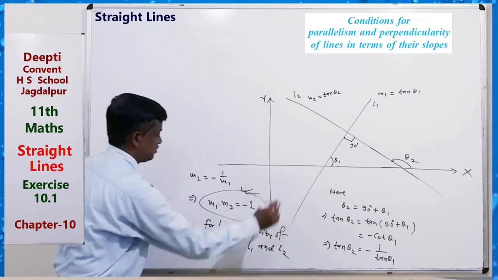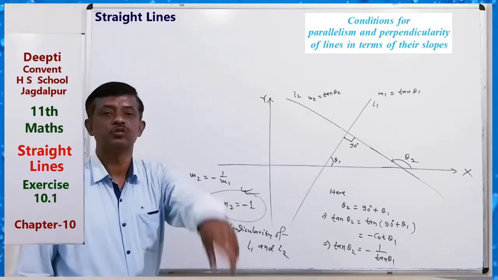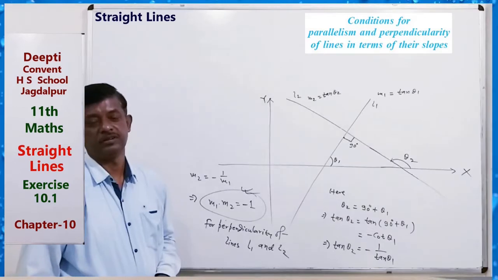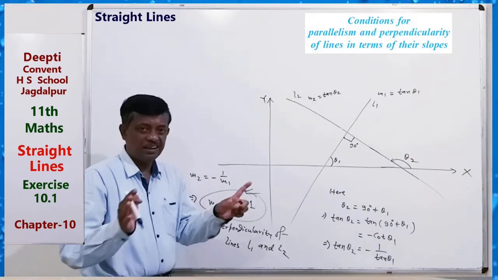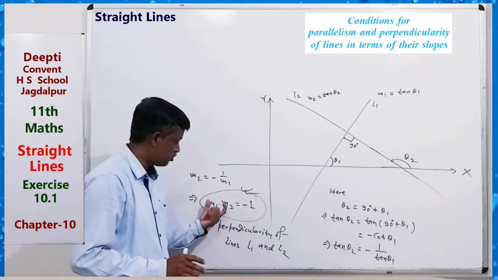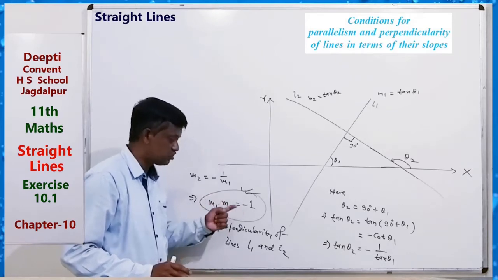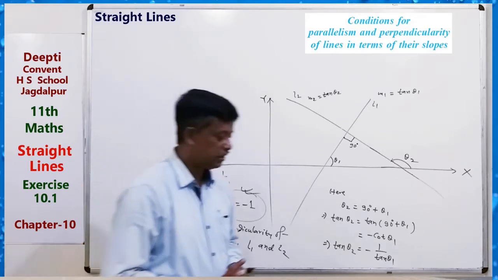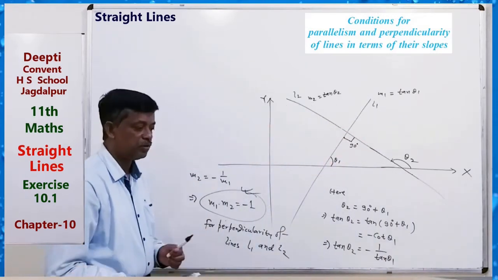This is the condition. When two lines are perpendicular, then the product of their slopes is equal to minus 1. Okay, so very, very important. When lines are parallel, then slopes are equal. And when lines are perpendicular, then the product of the slopes of the lines is equal to minus 1. Clear? So remember it. Very, very important formula.